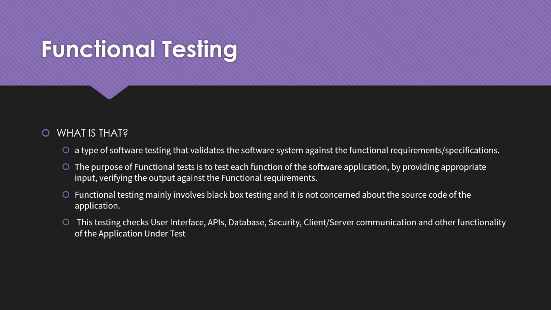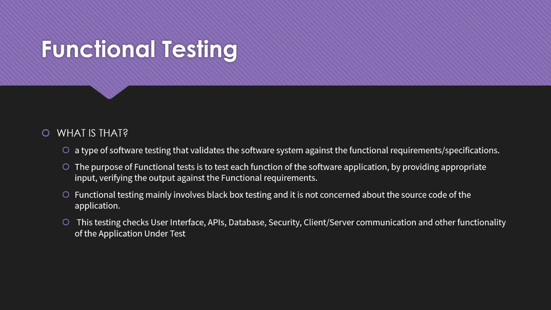What is functional testing? Functional testing is a type of software testing that validates the software system against the functional requirements or specification. The main idea of the functional test is to test each function of the software application, providing input and verifying output against the functional requirements.